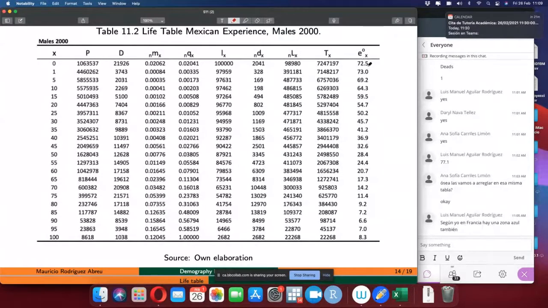So chances are that if we actually track the 2000 cohort throughout all their lives, and then estimate the average number of years they lived, it is going to be higher than this. But this is what we have. Again, if we assume that mortality is going to remain constant, this is the expected number of years this person will live.